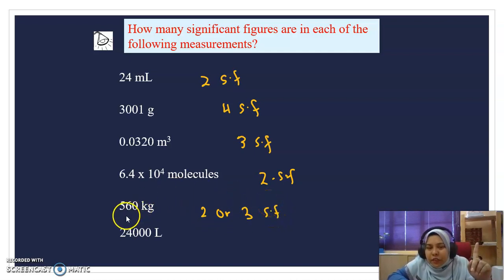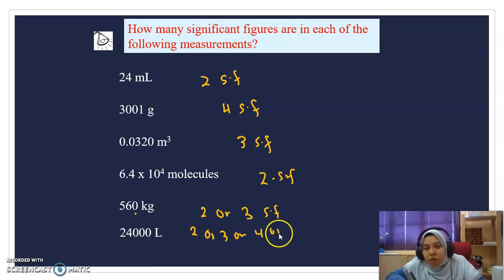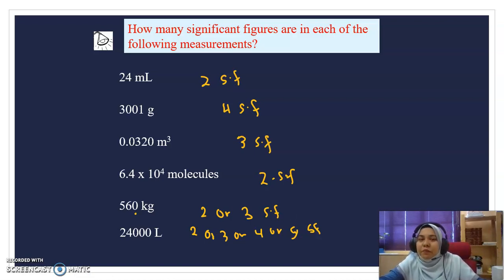You don't have any decimal place, so you might consider this zero as significant. And the last one? Yes, you are right: 2 or 3 or 4 or 5 significant figures. So now you have identified the significant figures. I believe you did the exercise with me together just now.